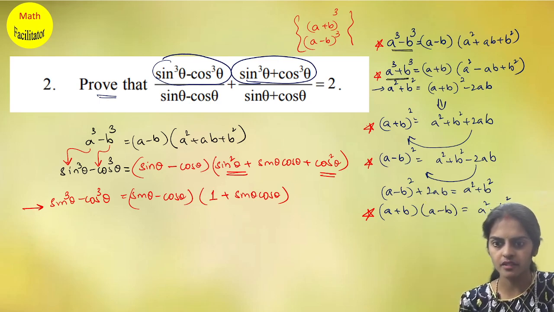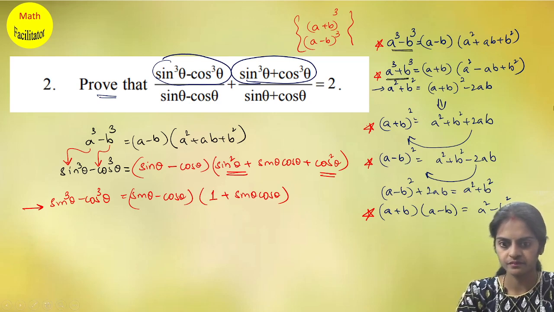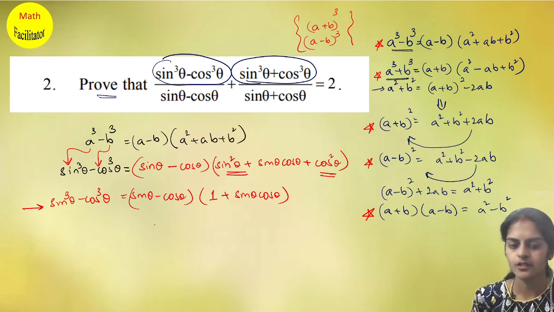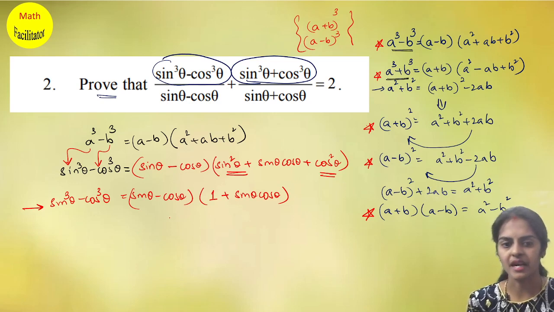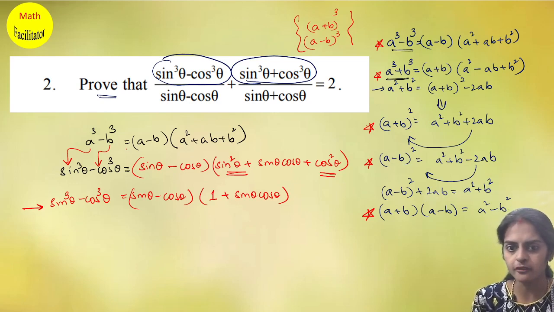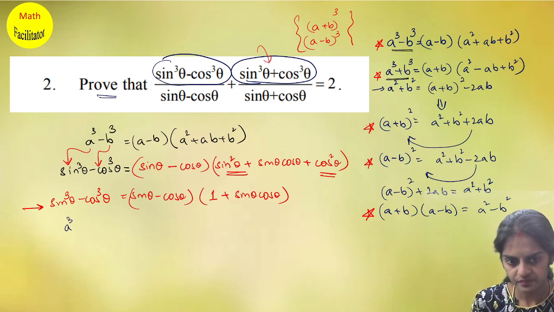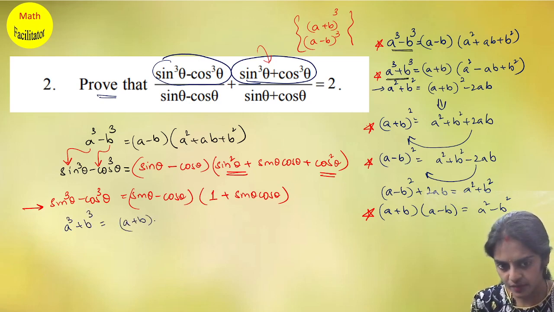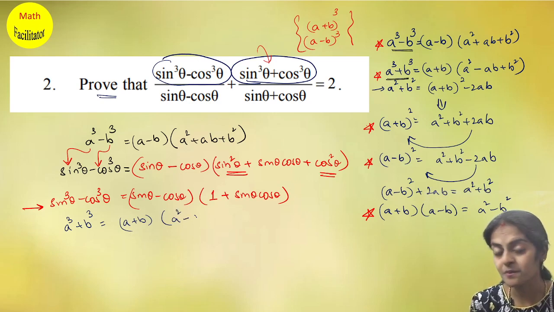Just have a look here now. I just got the value of sine cube theta minus cos cube theta. Now I also have sine cube theta plus cos cube theta. We know that a cube plus b cube is a plus b into a square minus ab plus b square.